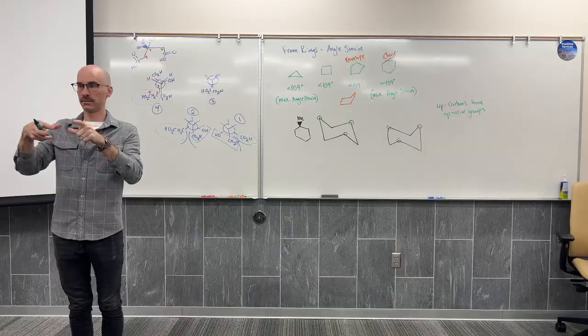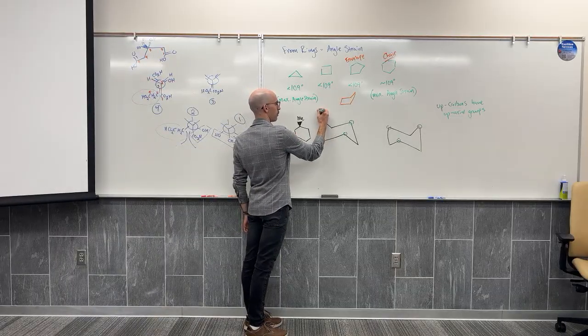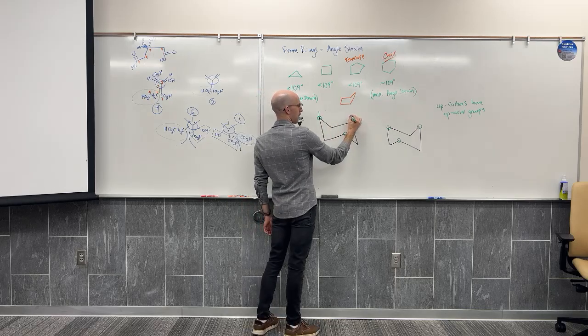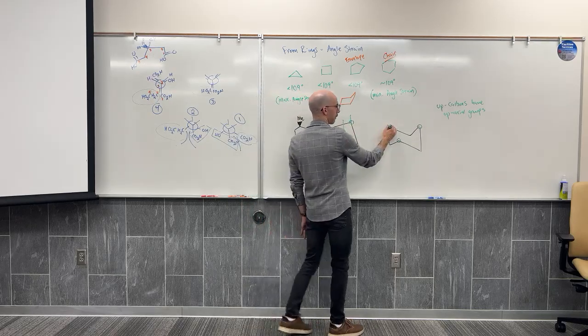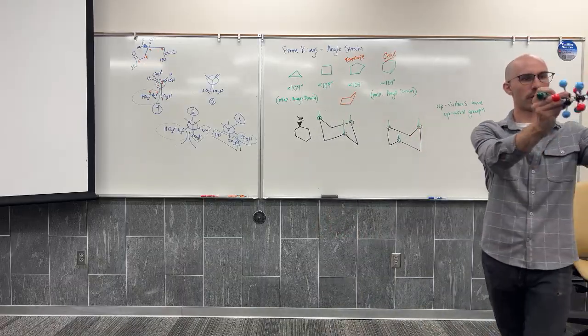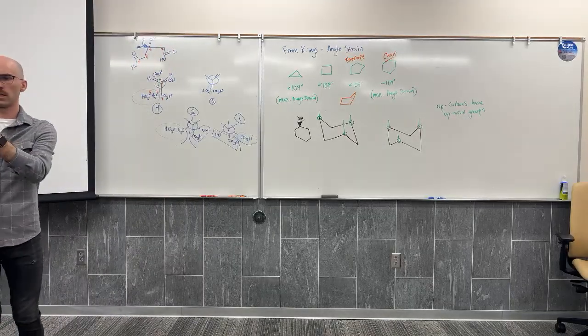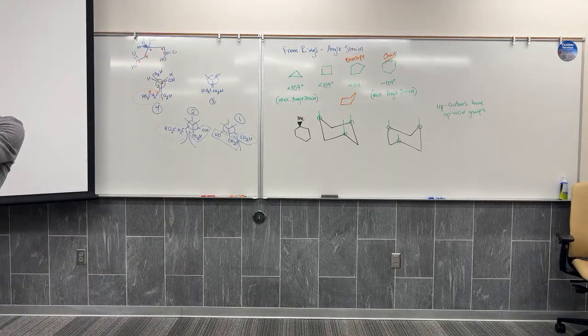Relative to the ring and relative to the axis of the ring, there's a group on these up carbons that points straight up. That's what you guys saw here with my up carbon and that blue group pointing straight up. But notice that the up carbon has another group as well. That other group points more down than up. But it doesn't point straight down. It points more like equatorial to the ring.